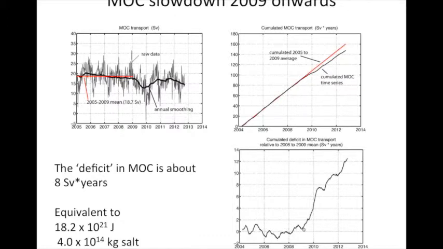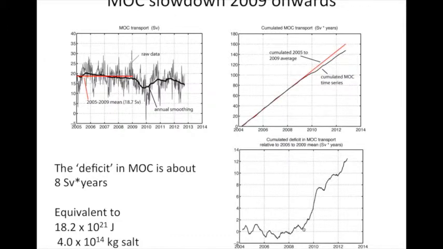And then in 2009, it starts to diverge from it, and you can see it then diverges off. So we can look at the difference between these two lines, and that gives us the deficit in MOC. So that's the difference between the accumulation of these two lines. What it actually is just the area between these two integrations which go along. So it's just to estimate the size of the event.